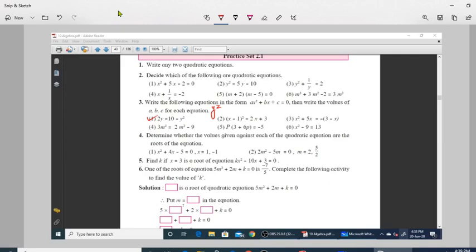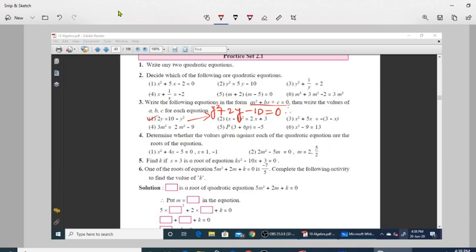This side we have plus 2y equals, on the right hand side we have 10 more. So I can bring it to the left hand side, it will become minus 10 equals 0. Now this equation number 1 is in proper standard form, that is ax square plus bx plus c equals 0. Now we will compare this equation with this standard form to get the values of a, b and c.